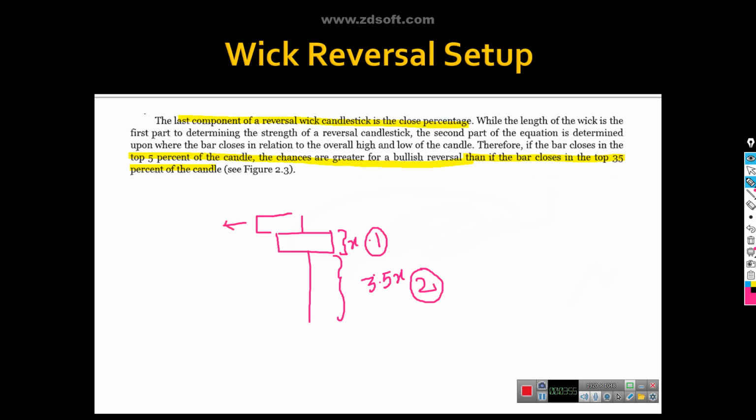That is the last component of the reversal wick candlestick. If the bar closes in the top 5% of the candle, the chances are greater for a bullish reversal than if the bar closes in the top 35%. So if this percentage is less, it will be a highly probable reversal candidate. If this percentage is more, it will be a less probable reversal candidate.